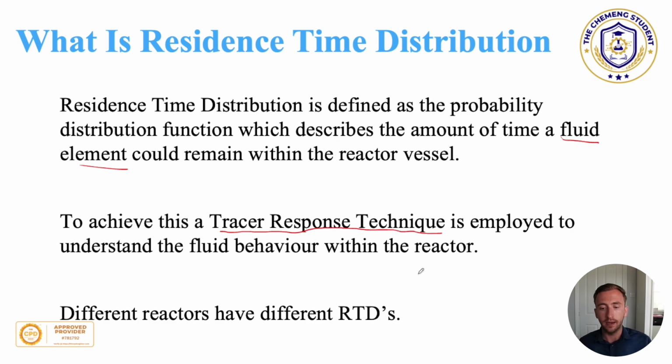What I mean by that is if we have one CSTR, which then feeds into another CSTR, then the residence time distribution for this reactor will be different from this reactor, because the composition will change as time progresses. So that's something you have to consider: it's not just the vessel, it's the configuration and the number of vessels within the system.